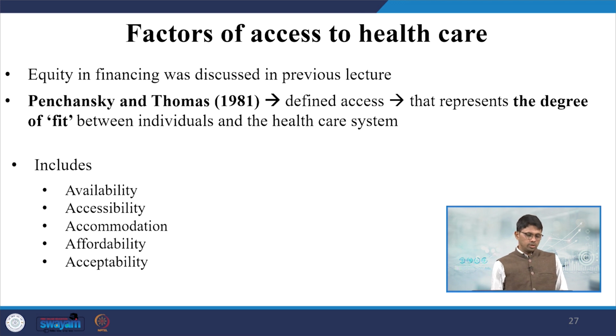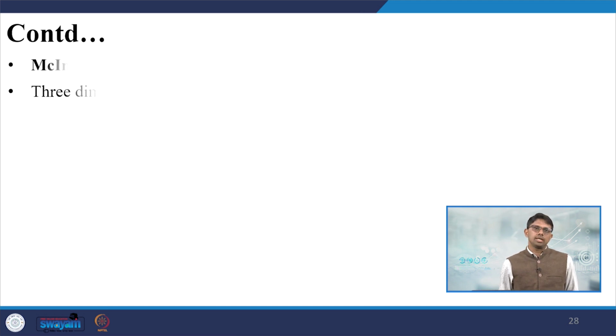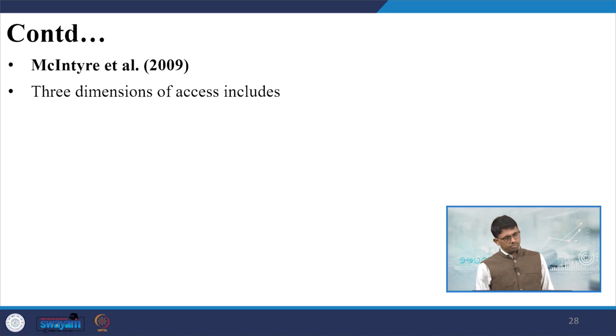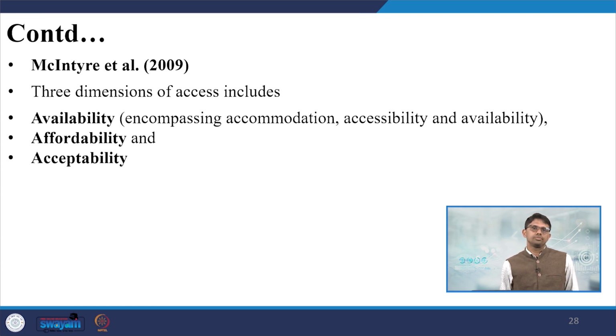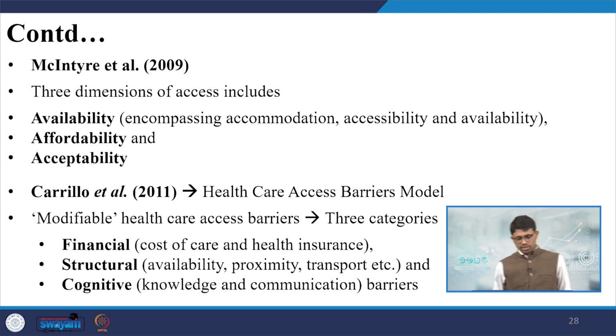They include 5 important dimensions, the 5 A's concept: availability, accessibility, accommodation, affordability and acceptability, whereas McLean in 2009 mentioned 3 dimensions that include availability, affordability and accessibility. However, availability included 3 subcomponents, like accommodation, accessibility and availability.